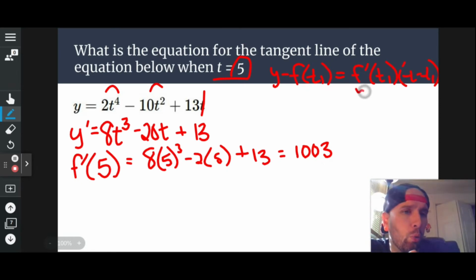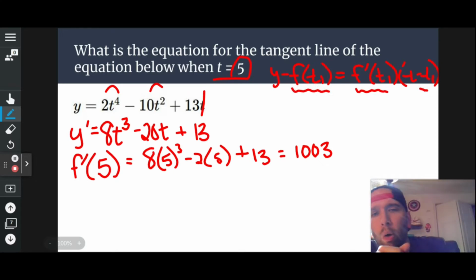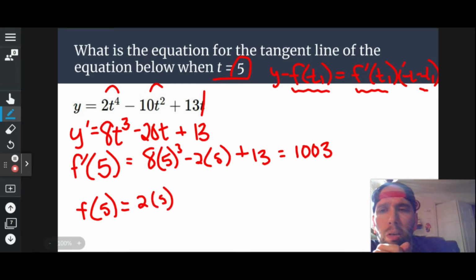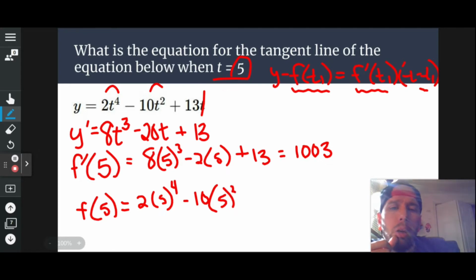So we found the slope. Now I need y sub 1. So f of 5 is going to be me plugging this into the original function. And the original function was 2 times 5 to the 4th minus 10 times 5 squared plus 13 times 5.